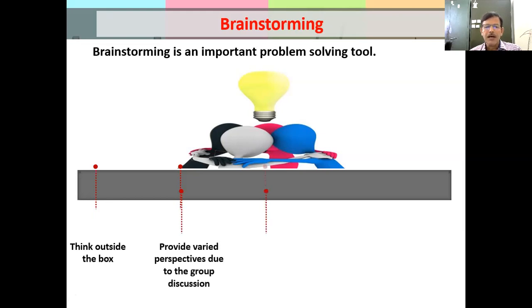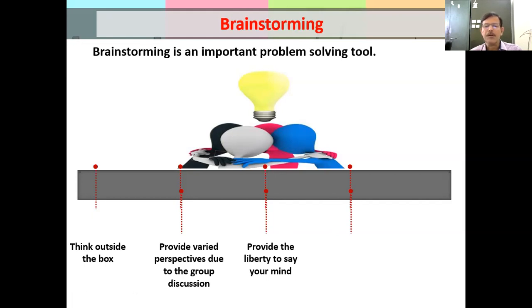Similarly, it provides varied perspectives due to the group discussion. In brainstorming, since this involves group members, we have varied perspectives regarding a particular problem, followed by group discussion. The next important point is that it provides the liberty to say what is on your mind. There is no restriction.